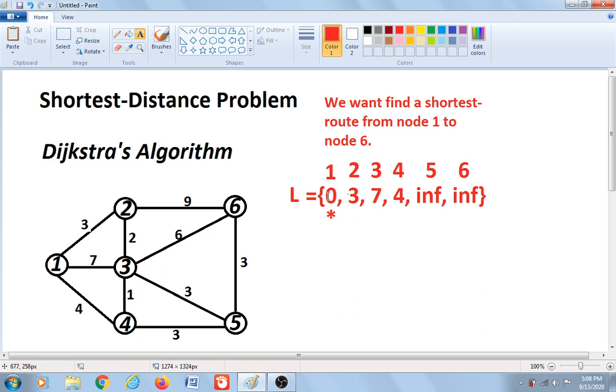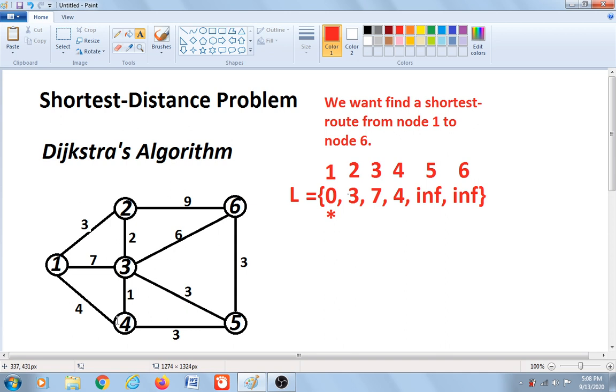So from the node having a label, we can go to other nodes. So from node number 1, we can go to node number 2, we can go to node number 3, and we can go to node number 4.